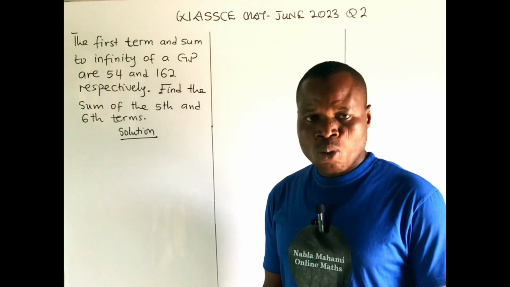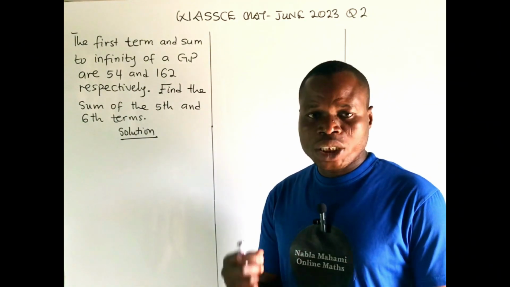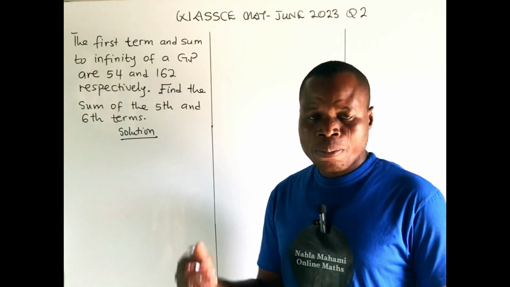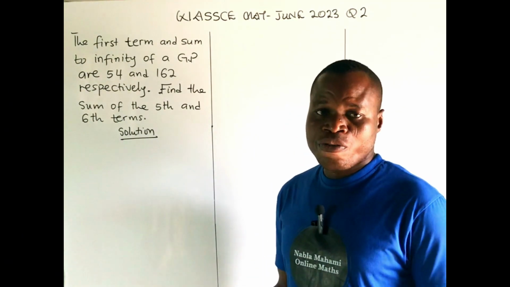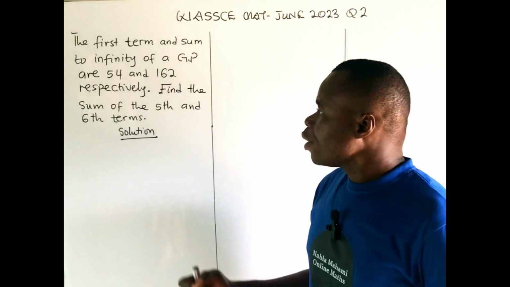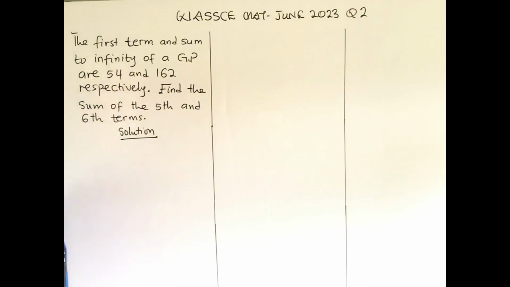This question was a sequence question, and that was GP, geometric progression. The students were asked to solve for their marks. If you read the question, you realize that they have given us the first term and the sum to infinity.